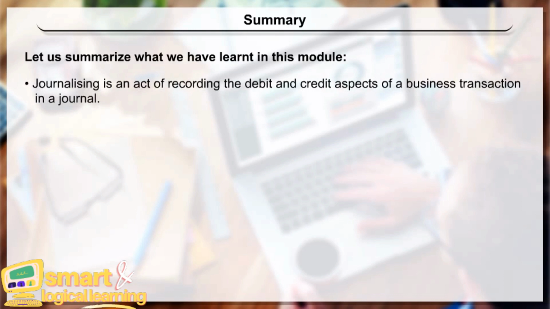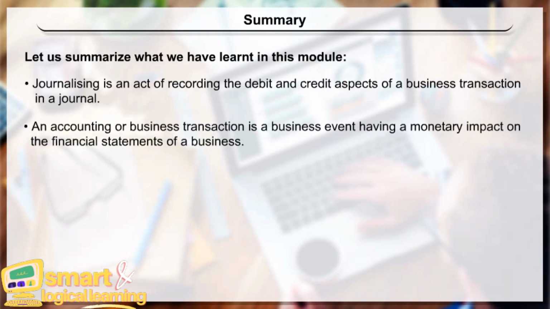Journalizing is the act of recording the debit and credit aspects of a business transaction in a journal. An accounting or business transaction is a business event having a monetary impact on the financial statements of a business.